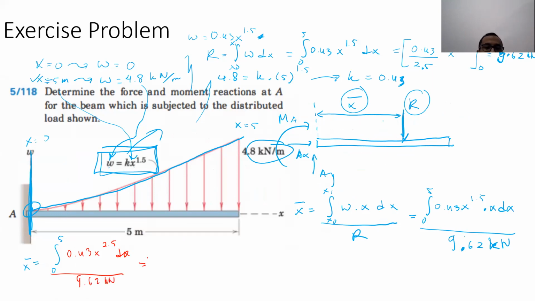So what's the result there? I just put it like this. Okay, 0.43 over 9.62 multiplied by 1/3.5, right? Yes, x to the power 3.5. Okay, and the limit is from 0 to 5.